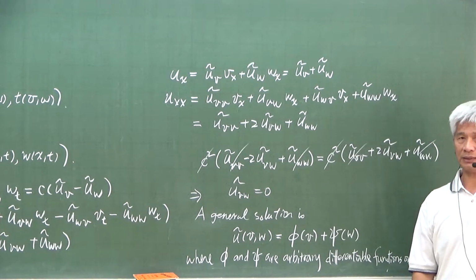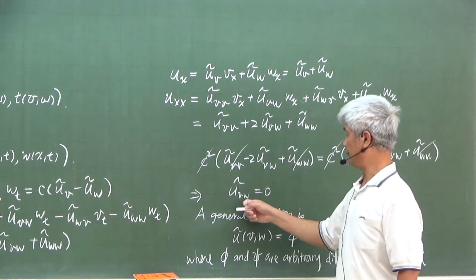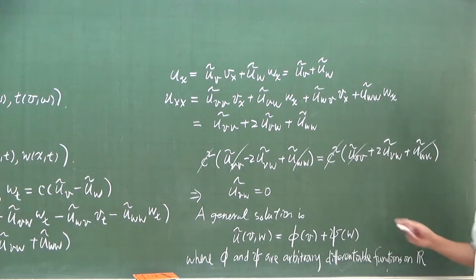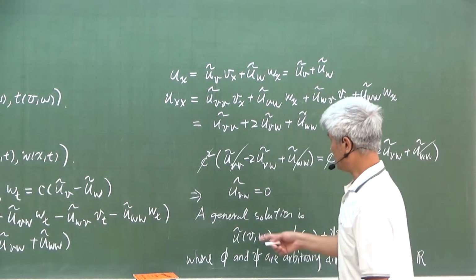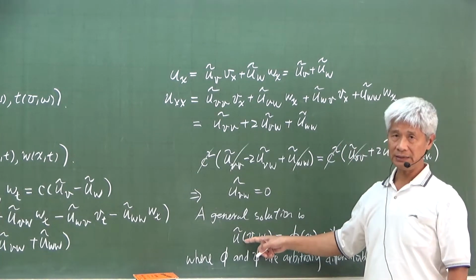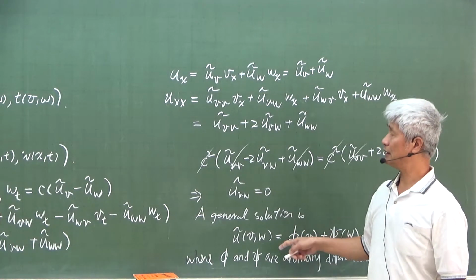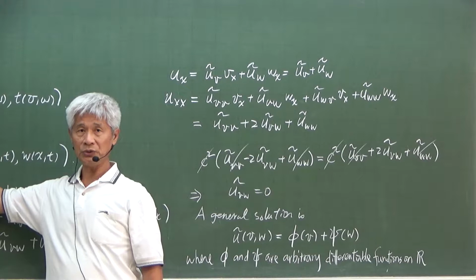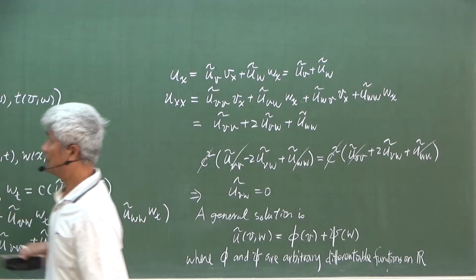Okay, except the mixed type. So that's why we have this simple PDE, and then we can get a general solution. Okay, so now we have a solution already, right? And we have a general solution. And so we now obtain our original u by using this formula.